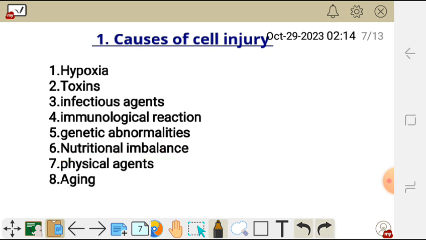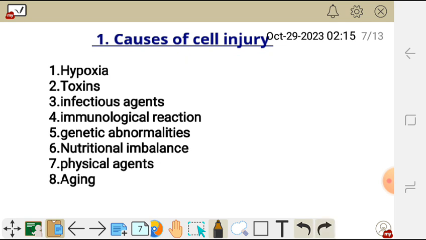Nutritional imbalance. Here we are talking about feeding habits, where someone eats an imbalanced diet, which can lead to obesity, and obesity can cause diabetes mellitus type 2, which is simply maybe the insulin is not working well, or the cells are resistant to insulin, and that can lead to cell injury.